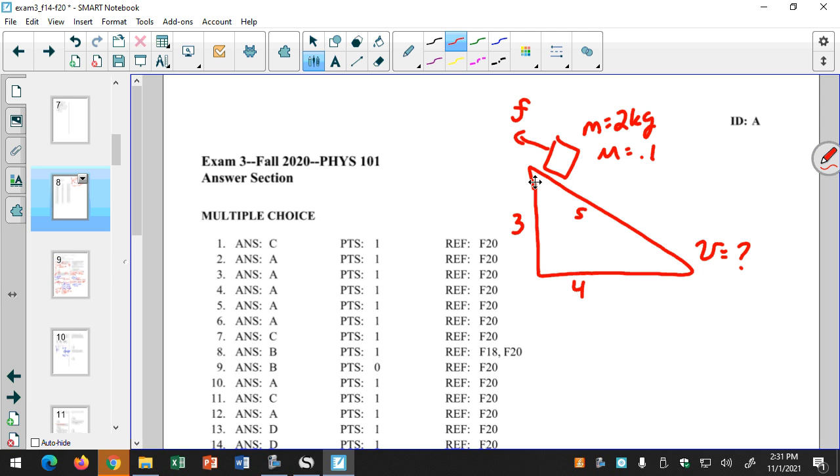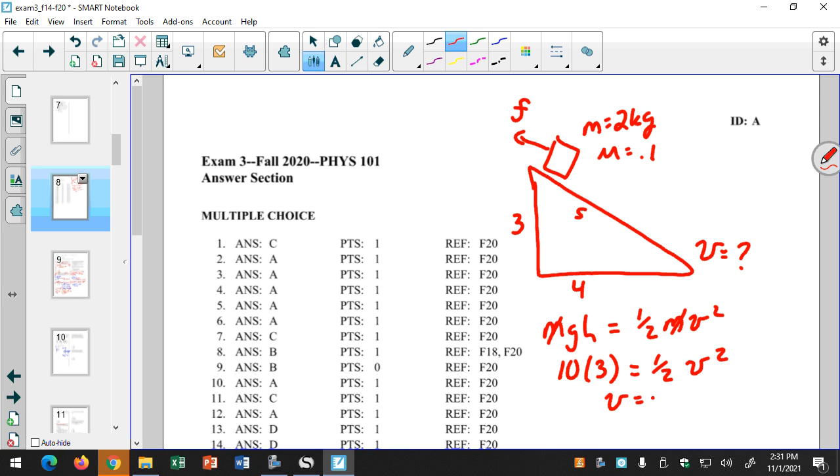Okay. Let's look at this problem. I have this thing coming down a slide, and I want to know the velocity at the bottom. If there was no friction, I would just say mgh, the potential energy at the top, is equal to 1/2 mv squared. My masses would cancel. This is 10 times 3 equals 1/2 v squared.